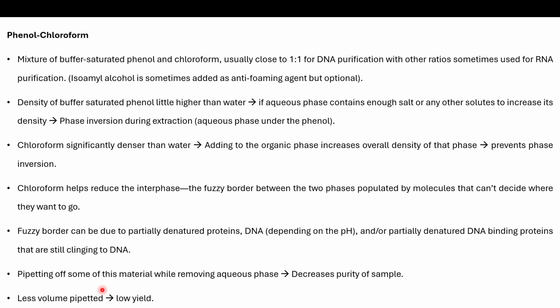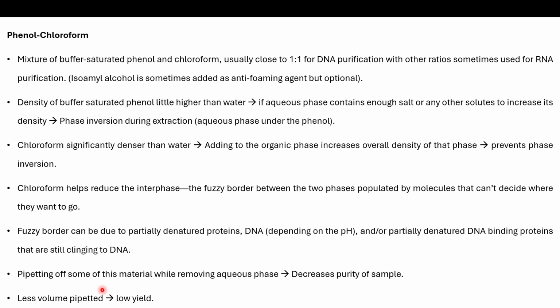But basically, you have to very carefully take the aqueous layer out, because even if the pipette tip touches the interface, or moves into the organic phase or the phenol phase, it will contaminate your DNA sample. The aqueous sample is quite pure there. So in order to avoid any contamination, you take it out very slowly.